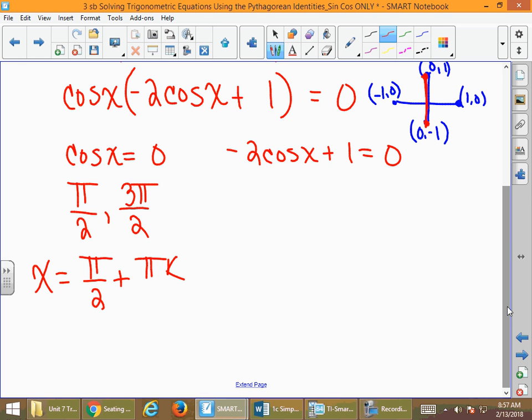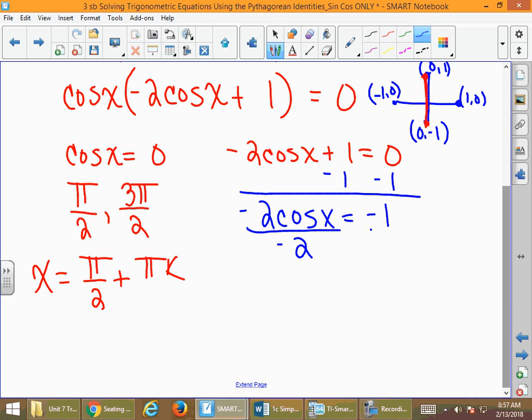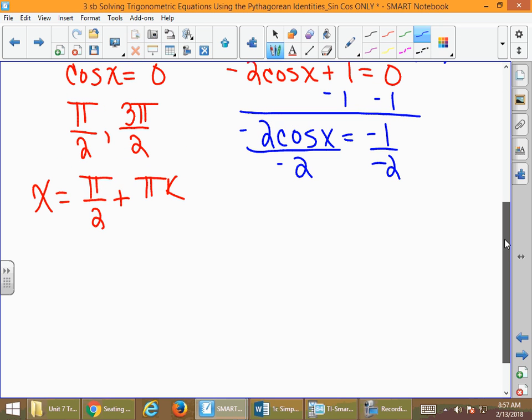We have to do a little bit more work on our answer to the right here. We're going to subtract 1 from both sides. So we get negative 2 cosine of x equals negative 1. It's negative 2 multiplied by cosine x, so we're going to divide by negative 2. So it's cosine of x equals 1/2.